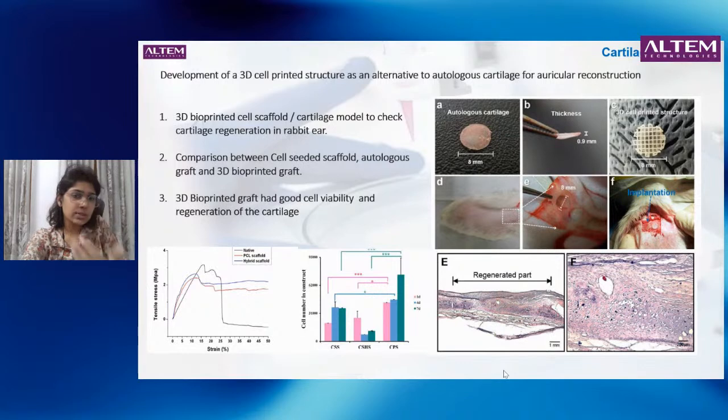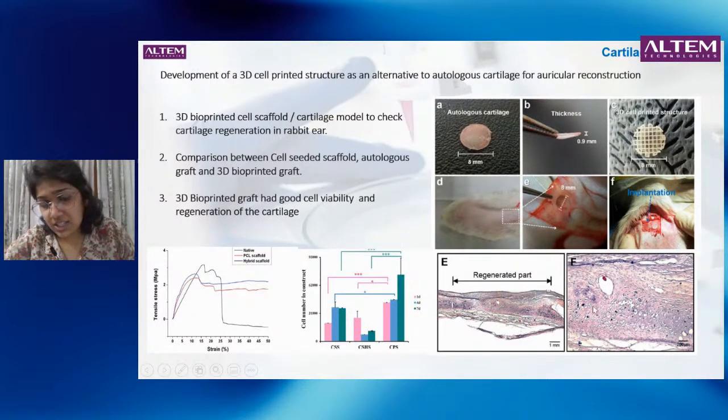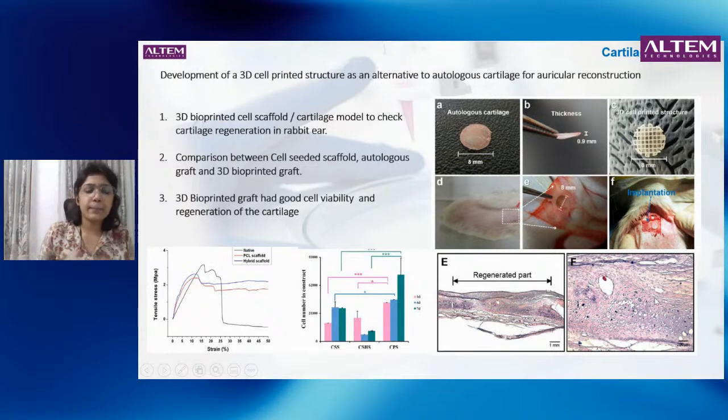So in this, you will see that there is a good amount of regeneration in the 3D printed cartilage in comparison to the native, that is the autologous, or the PCL, that is the cell seeded cartilage. Also, sometimes when you use native, that is autologous cartilage, there is a lot of scar formation.